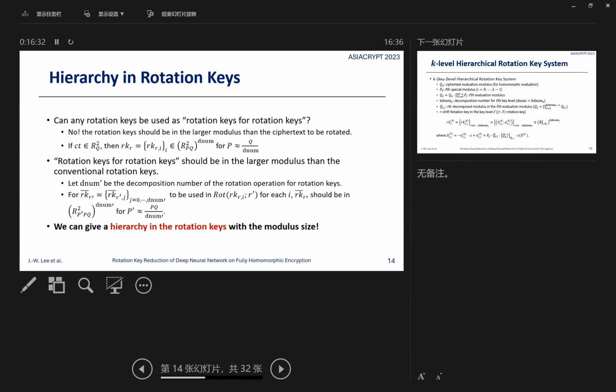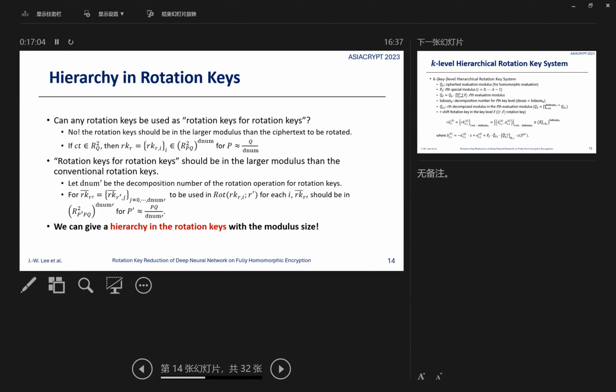It means that if the ciphertext is in R_Q, in the modulus Q, then the rotation key has to be in the modulus PQ with the special modulus P. So the key modulus is larger than the ciphertext. So the rotation keys for the rotation keys have to be in a larger modulus than the conventional rotation keys.